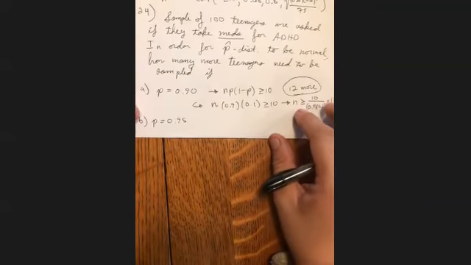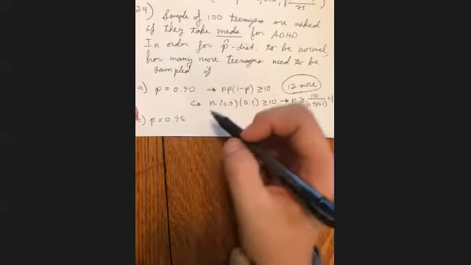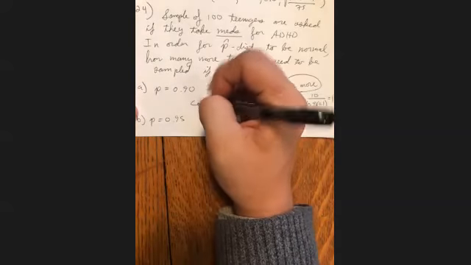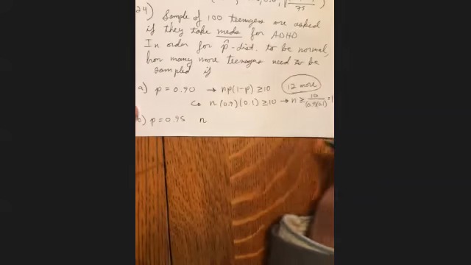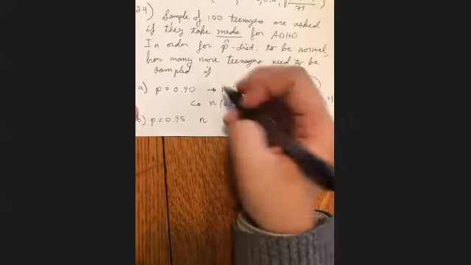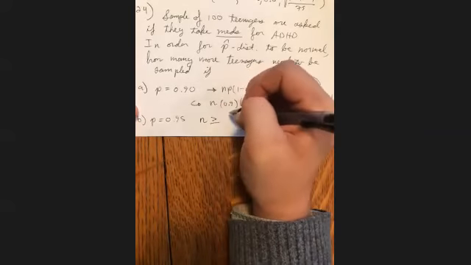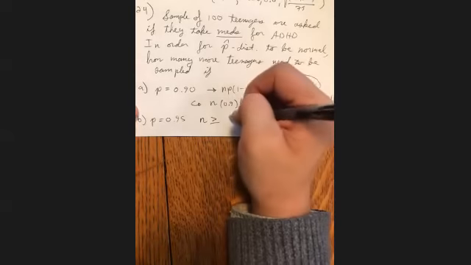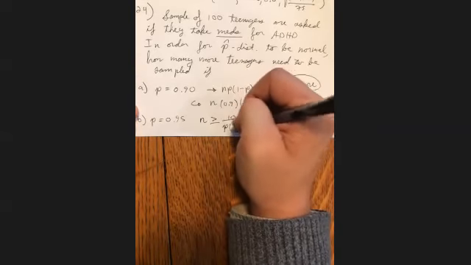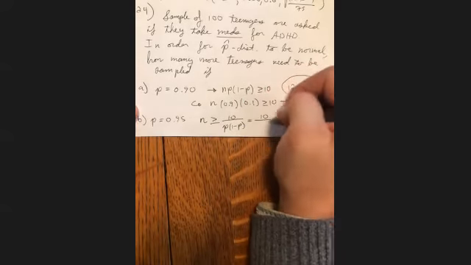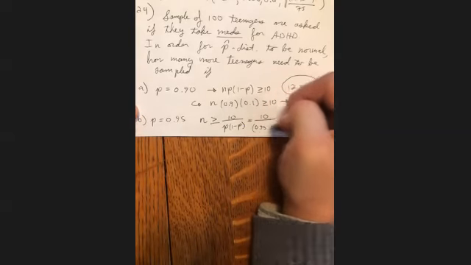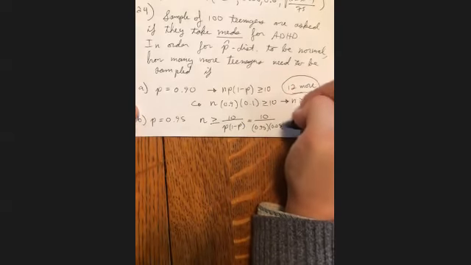All right. So for part B, we're doing the same thing all over again, except now the population proportion is changing. If I write down a general equation, in order to have normality, the sample size n needs to be greater than or equal to 10 divided by p times 1 minus p, which for us is 10 divided by 0.95 times 0.05.